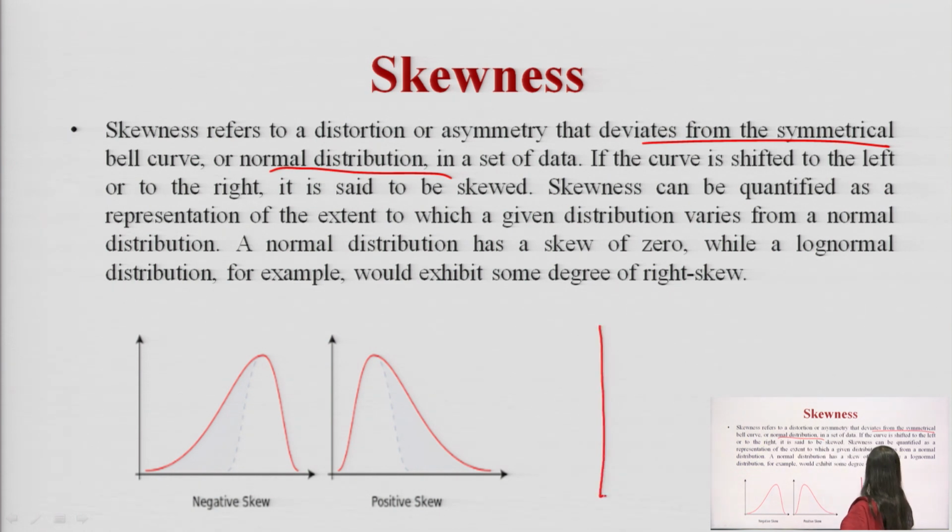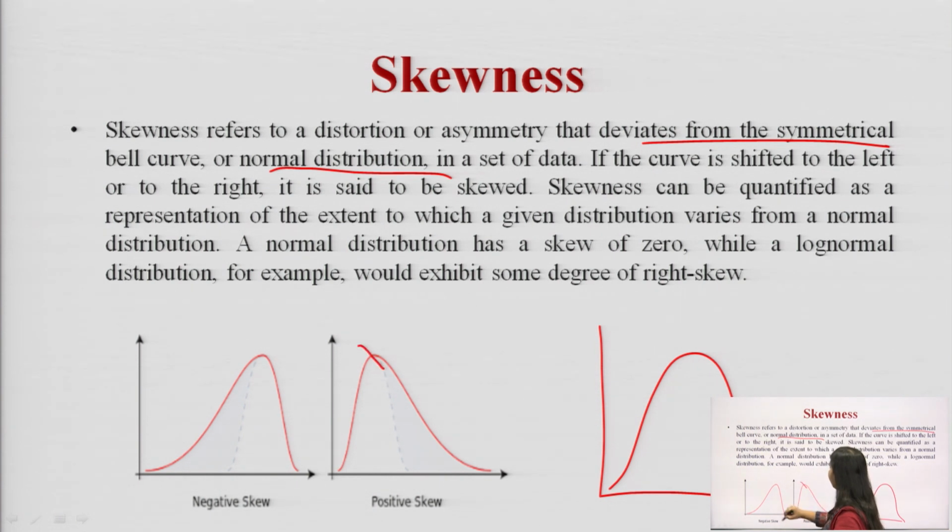In most cases the normal distribution curve is like this, and when there is a deviation or inclination towards one side or the other, and your result shows this, then this is called skewness. Skewness can be quantified as a representation of the extent to which your data is distributed and varies from the normal distribution.